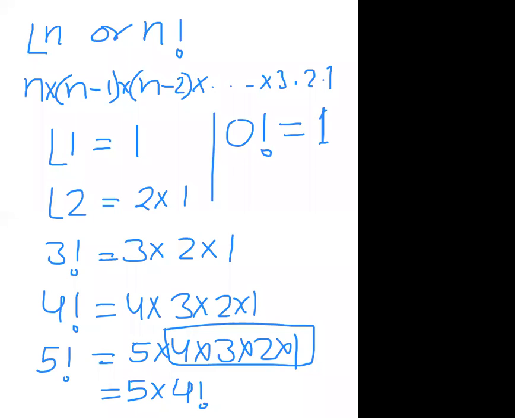And negative factorial is not possible, right? Like minus 1 factorial or minus 2 factorial or minus 3 factorial. So factorial is only possible for non-negative numbers. 0 is also included and its factorial value is 1.